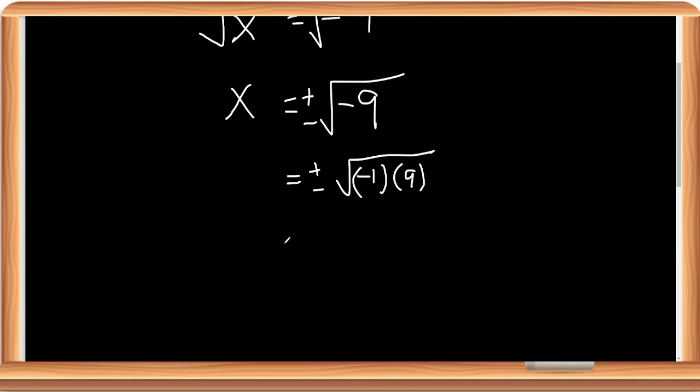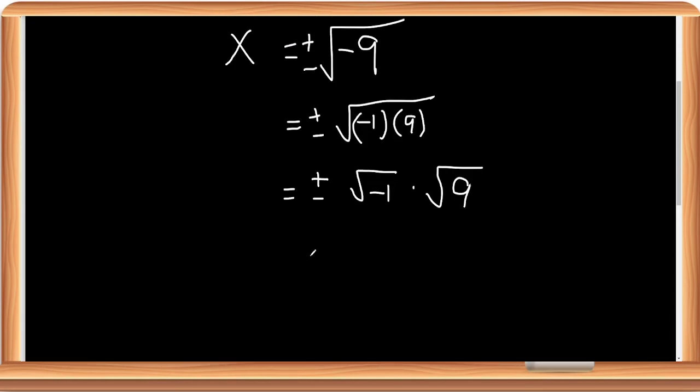So, kapag ganyan na siya, pwede mong paghiwalayan. Okay, positive and negative square root of negative 1 times the square root of 9. So, therefore, pwede mo nang kunin yung square root ng 9. Positive naman to eh. So, it would be equal to positive and negative 3.